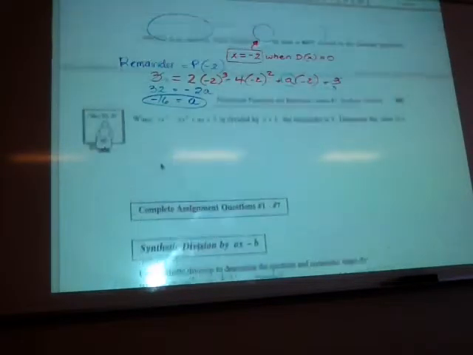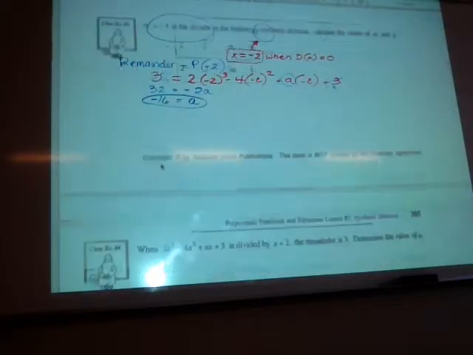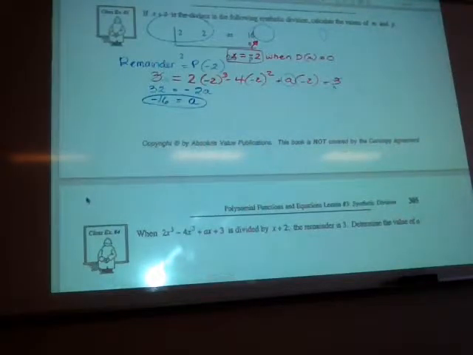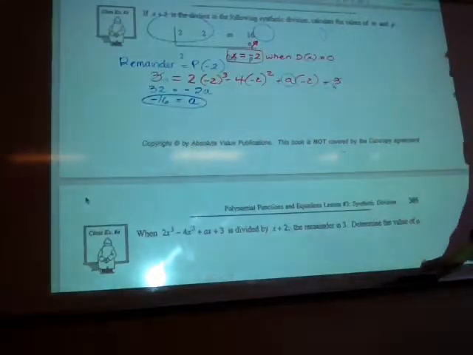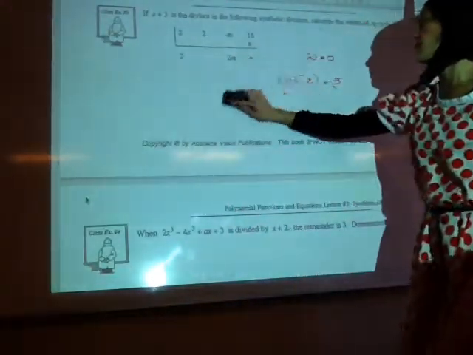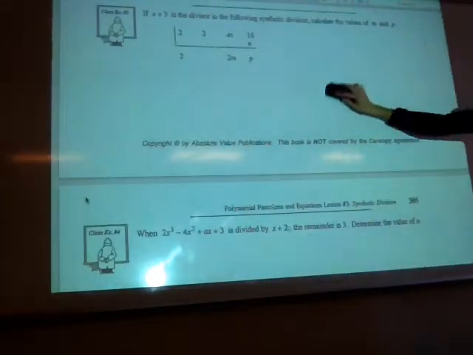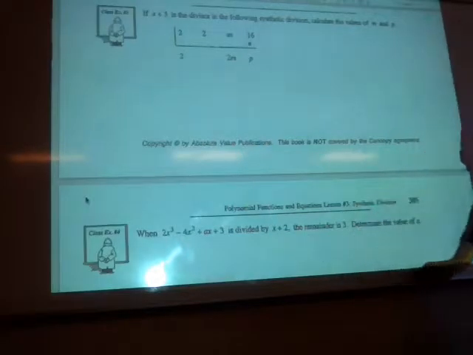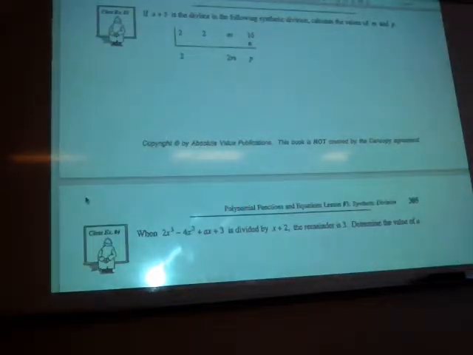And speaking of solving for unknowns, we're going to do a little rewind, go back to example number 3. We're just going to solve it in a little bit of a different way, using synthetic division. The next question we could have also solved using synthetic division, but the way I showed is a lot easier.